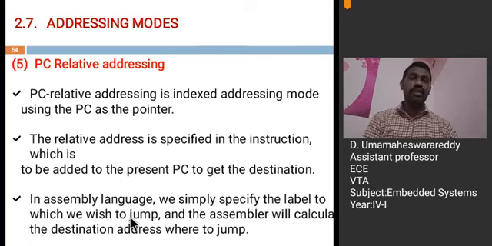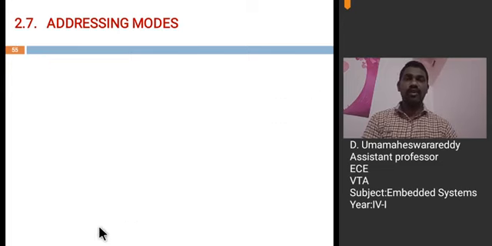We will specify the labels, no? Jump to some location. Then in order to jump to that location, the program counter value of that location is added to the current address so that we can jump to that location and operate on those instructions. There, this PC relative addressing mode is used.